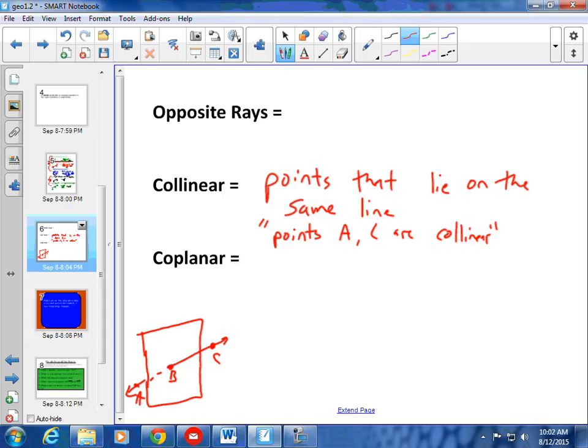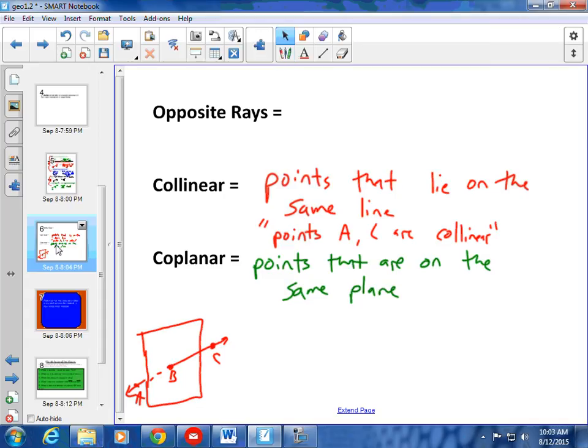So coplanar then could mean that we have points that are on the same plane. All right, points that are on the same plane. I'm going to add a couple points here.